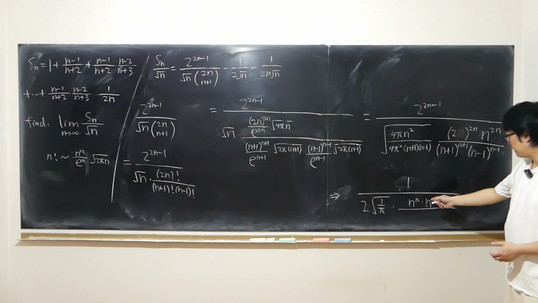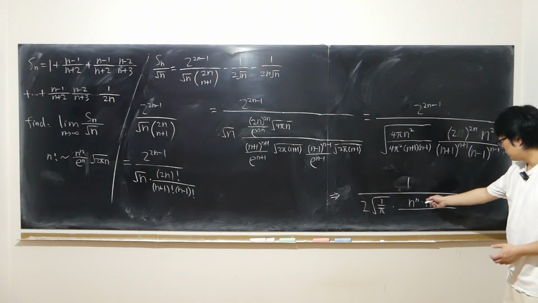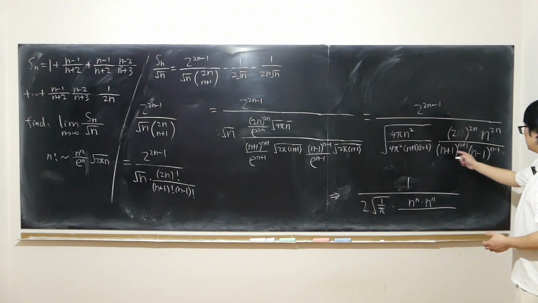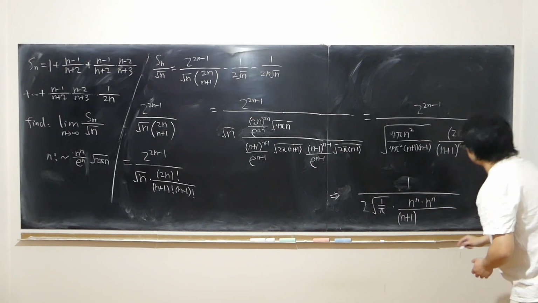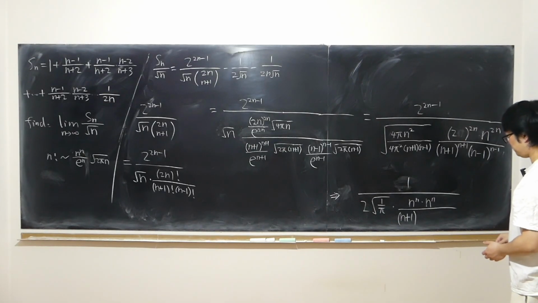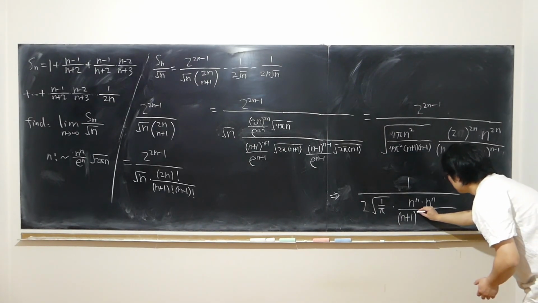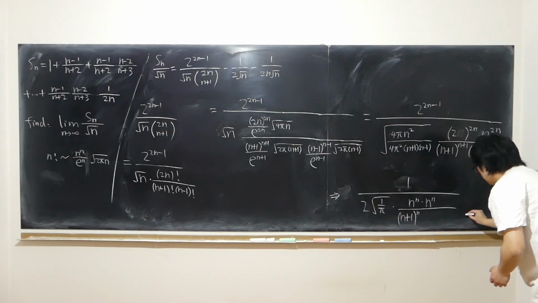Still the same thing, right? n plus n, power is 2n. Down here, n plus 1 to the n plus 1, I say to the power of n, then multiply by n plus 1.